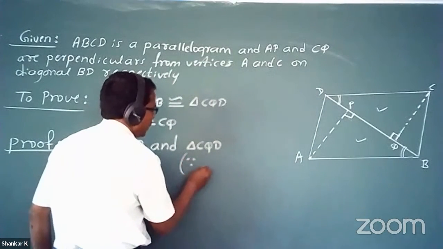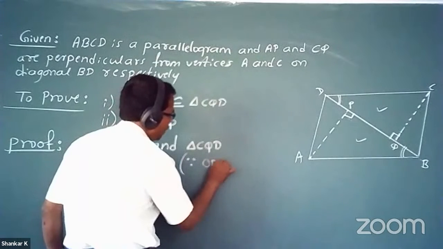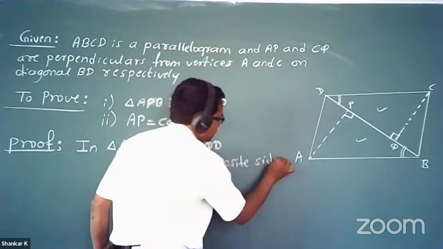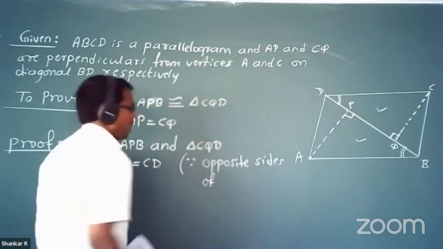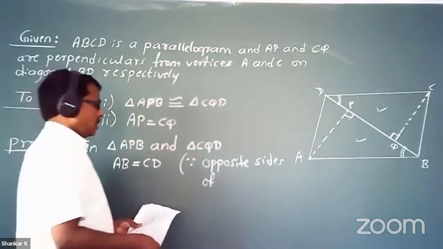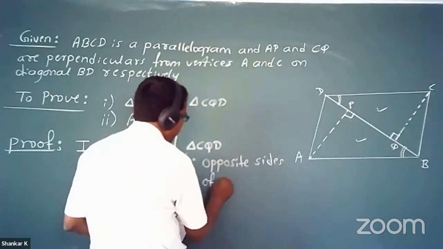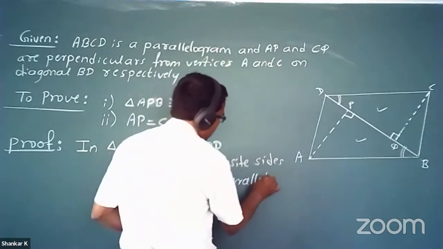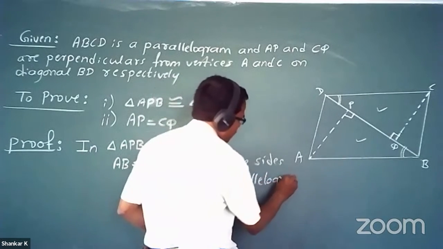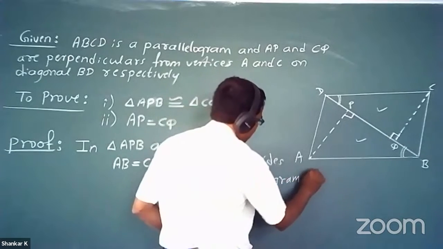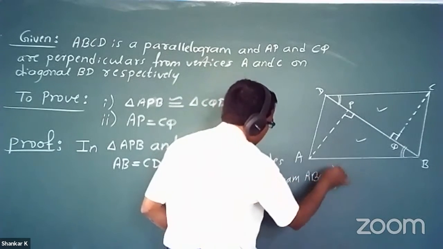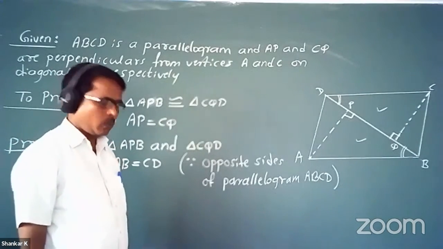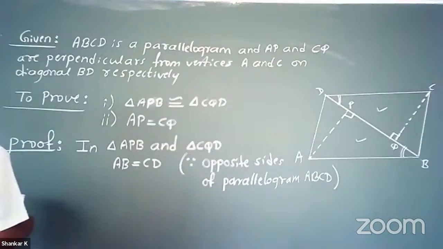Because these are opposite sides of parallelogram ABCD. We know opposite sides of a parallelogram are equal. That's why AB equal to CD.